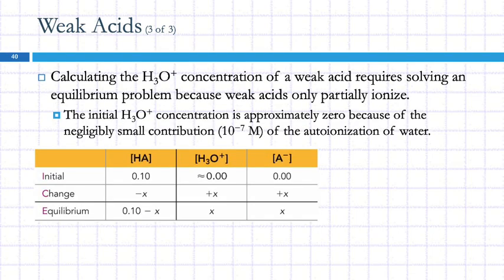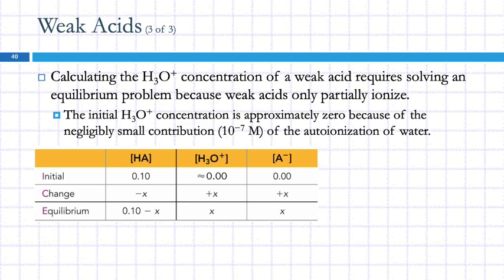For weak acids, we need to use an ice table and calculate the hydronium ion concentration using equilibrium constants because they only partially ionize. So here's an example ice table. So we know the initial concentrations. The initial concentration of the acid is whatever the concentration is stated as. The initial concentration of hydronium, we say, is approximately 0, because it's not actually 0.